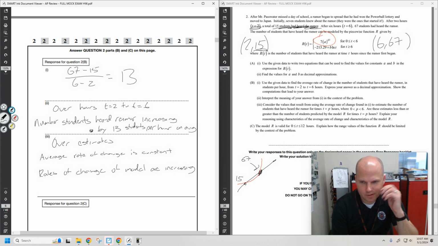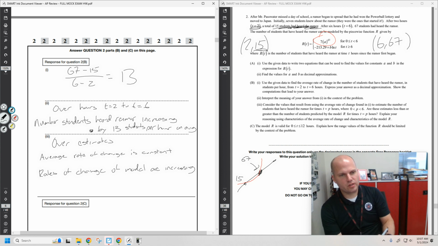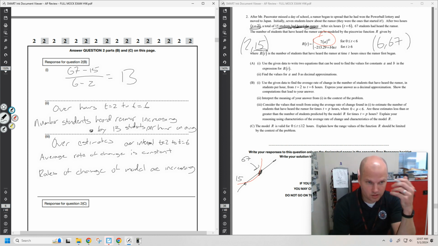I feel like that's sufficient. The average rate of change between 2 to 6 is constant. It's 13. The rates of change in the model are increasing because we're concave up. I don't know what else they're looking for.